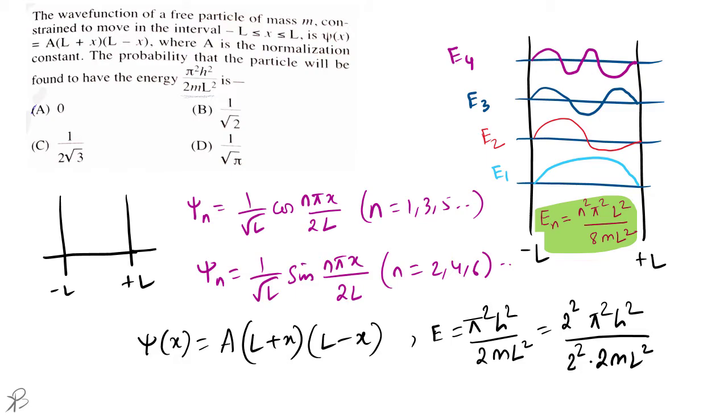So why are we writing it in this form? Because we need to use En to get the value of n. So for that we need 8 at the bottom. That is why we multiplied by 2 square. So here, as you can see, n is 2 in this case, because this will be 2 square and this is 8 m L square. So basically n is 2.